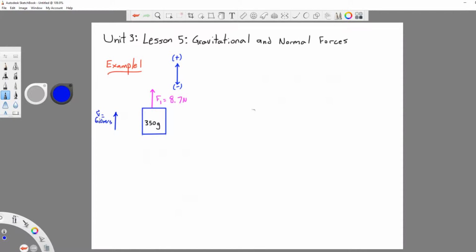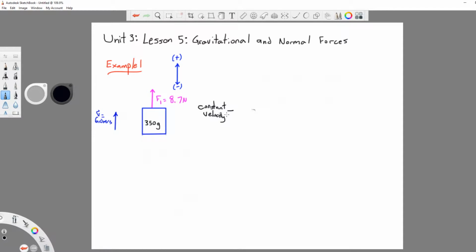To be honest, the magnitude of 6 meters per second means nothing to me. And I hope that by now it means more or less nothing to you as well. The important key word here is constant velocity. Constant, I'm going to write it out even, velocity.